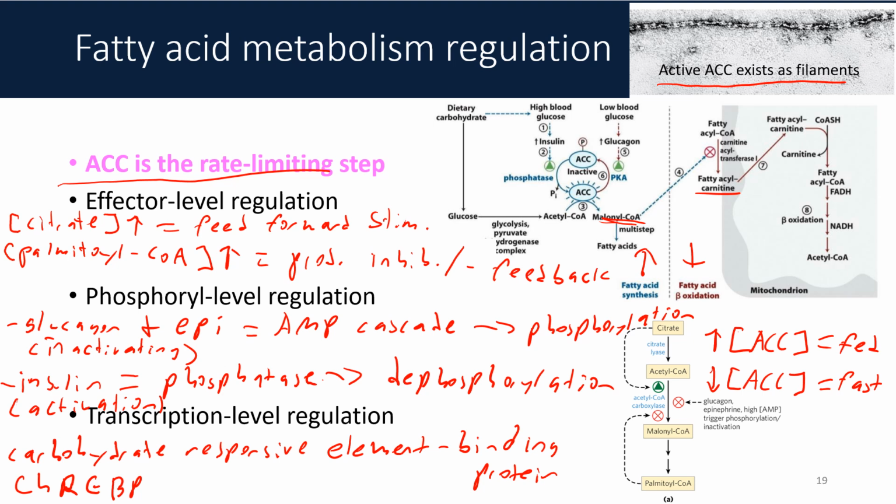Then take another 10 steps backwards and think about glycogen metabolism. Glycogen metabolism is also regulated through phosphorylation, let's say. Ask yourselves, what does net phosphorylation do to fatty acid synthesis?